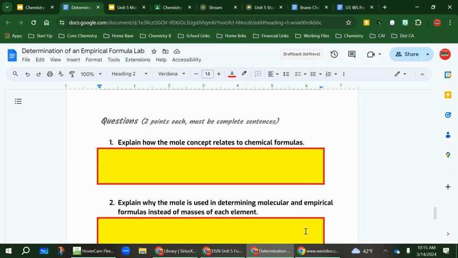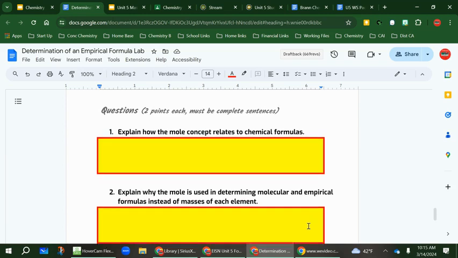And then you need to answer these 3 questions, ladies and gentlemen. Explain how the mole concept relates to chemical formulas. We talked about that yesterday. We said that a chemical formula is actually a certain kind of ratio.